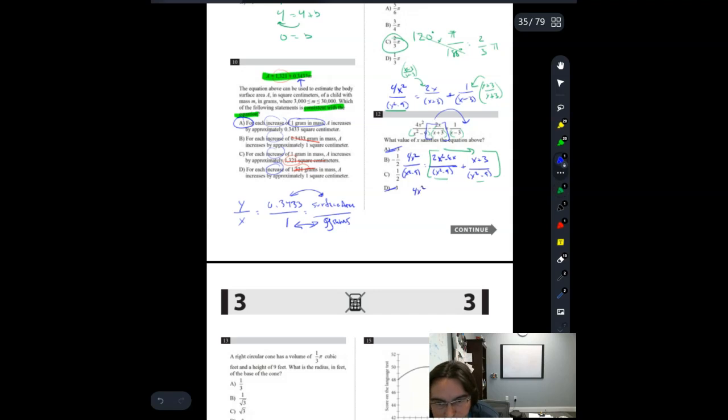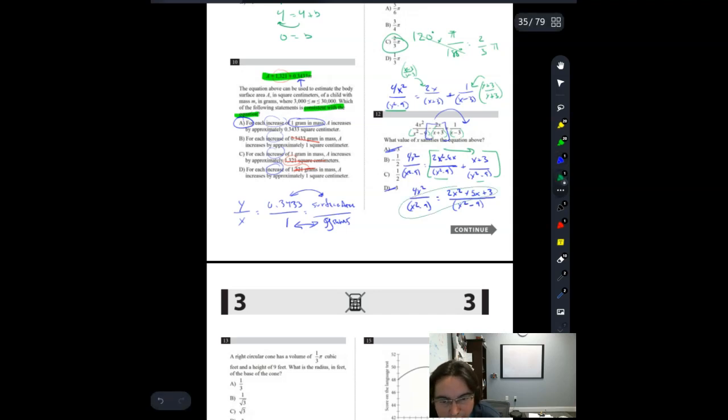So 4x squared over x squared minus 9 is going to equal 2x squared minus 6x plus x, so that's going to be plus 5x, and then I'm going to have a positive 3, and my common denominator is x squared minus 9. Okay, so again, this is not all that friendly. And what I'm going to be doing here is cross multiplying.